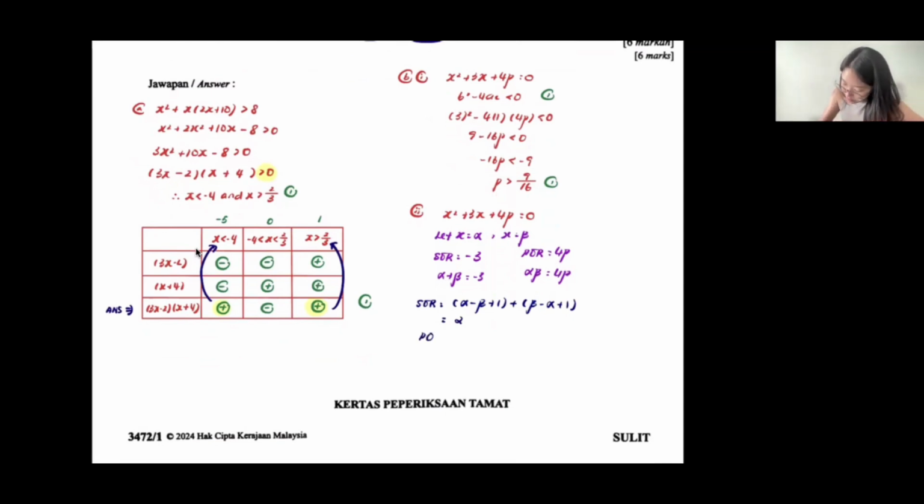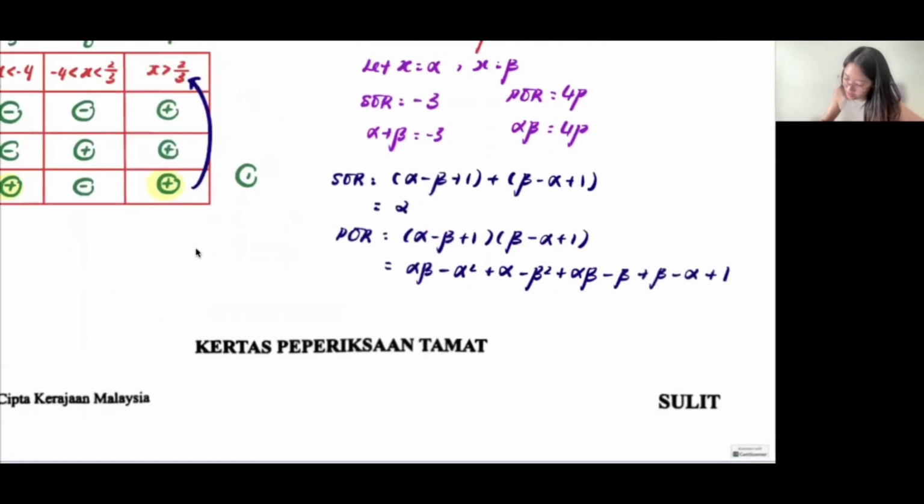All right, then POR. POR will be slightly longer because you have 3 terms over here. Slowly multiply. Alpha times beta, alpha beta. Minus alpha square plus alpha. Negative beta square, positive alpha beta minus beta. Then 1 multiply over beta minus alpha plus 1. Then we are going to simplify.